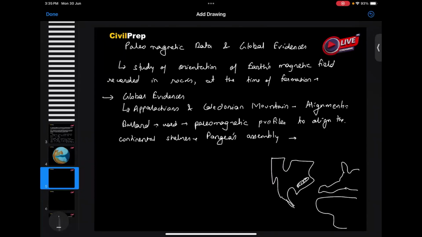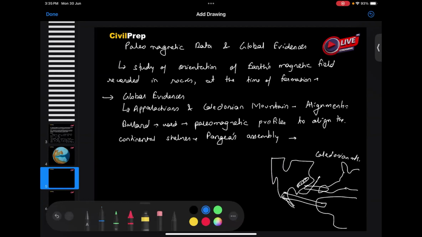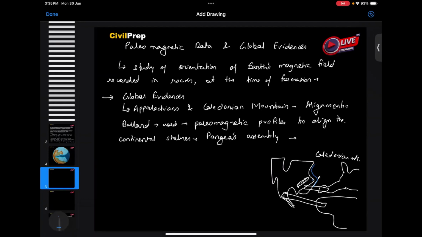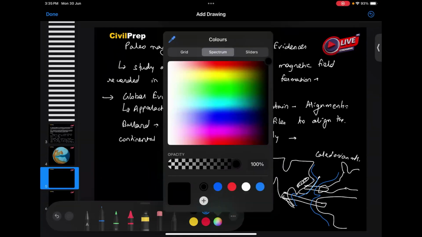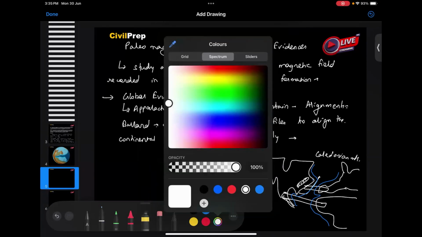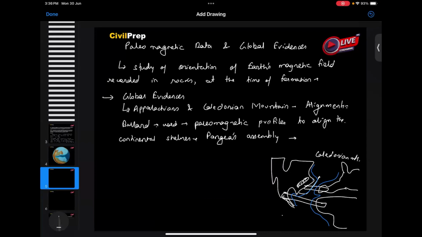And here we have mountain ranges, which are of Caledonian Mountains. So this was the first evidence where we see that the continental shelf of the region was aligned here. So this was the first, we can say, evidence which was found globally in terms of the paleoclimatic data.